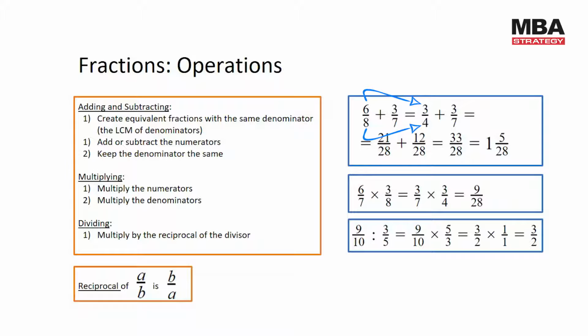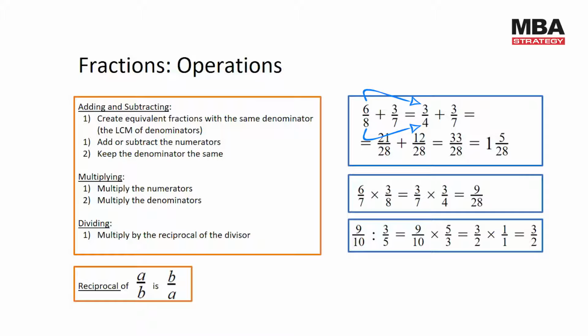Multiplying is kind of straightforward. To multiply two fractions, you just multiply numerator by numerator and denominator by denominator. But before that, I strongly recommend you to simplify as much as possible before you get into multiplication. So here, as an example, we have 6 over 7 times 3 over 8.